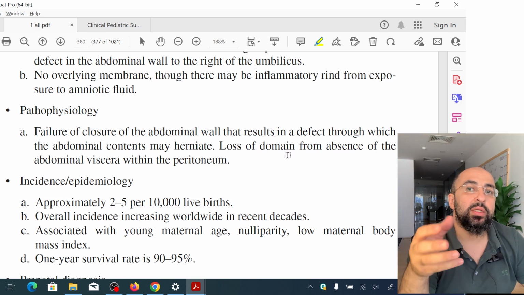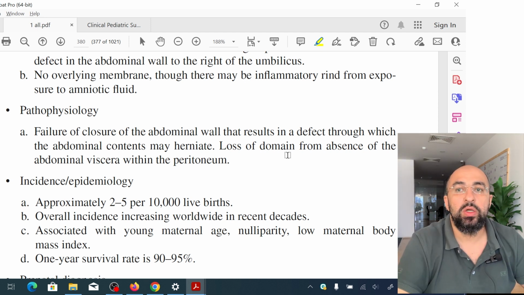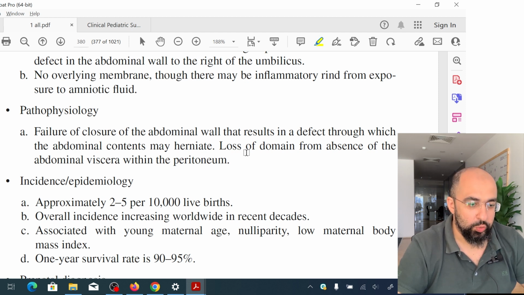But since they didn't return to the abdominal cavity, there is something called loss of domain. Loss of domain means there is no room for this intestine to get back inside. That's what makes it sometimes impossible to close if the abdominal cavity is very narrow, and you should do a staged closure.